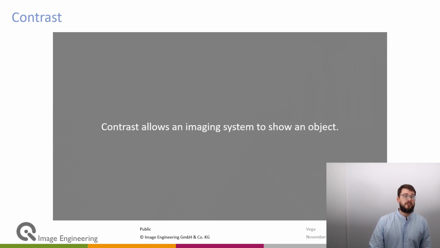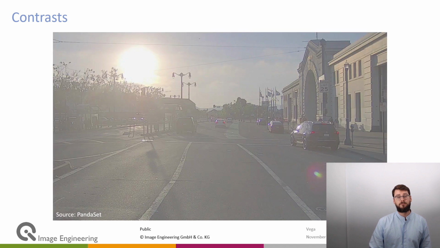So we could say contrast allows an imaging system to show an object. Now let's take a look at the image as it came out of the camera system. Now that the contrast is no longer 0, it's higher. Objects in the image can be detected.